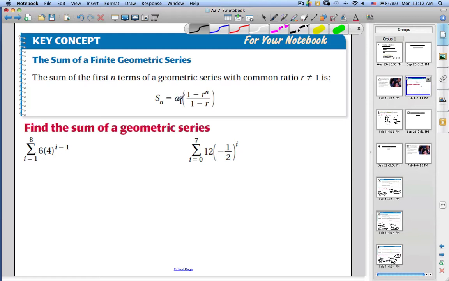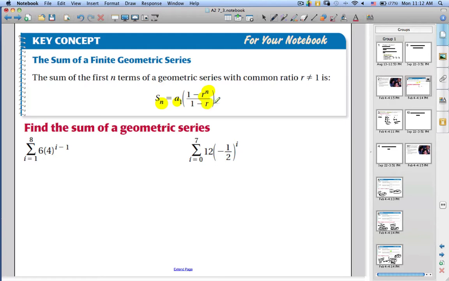So I have a rule for finding the sum of a finite series. This is the rule. What I need to write the finite series is similar: I need to know a sub 1, how many terms, and the common ratio.